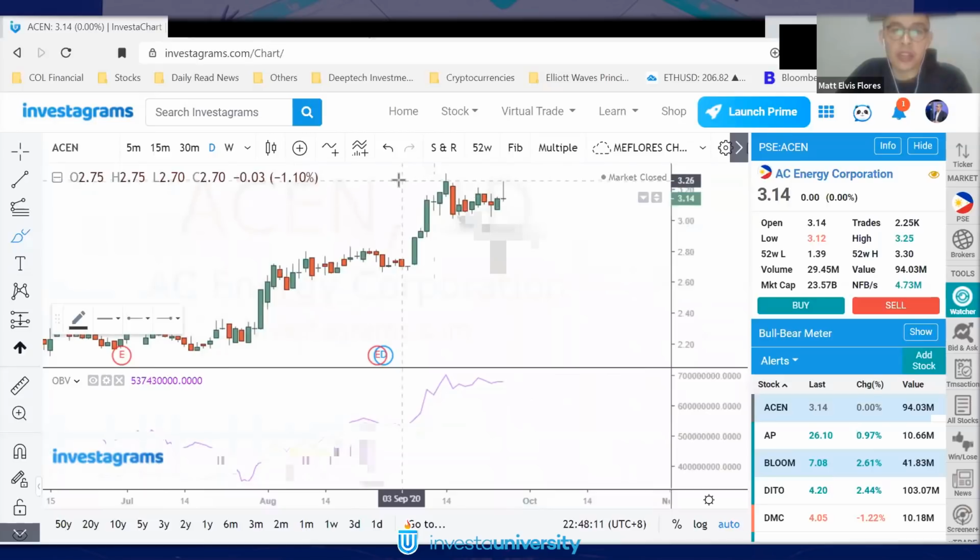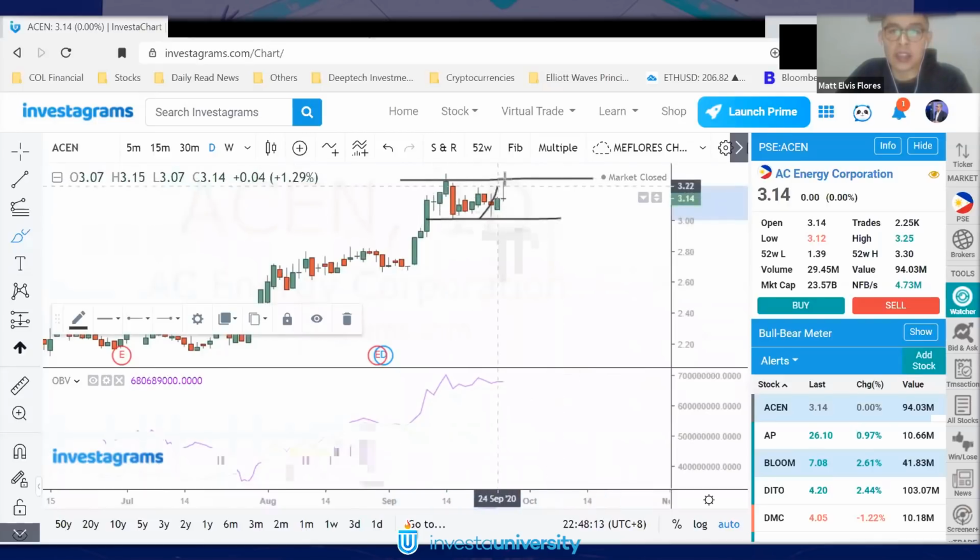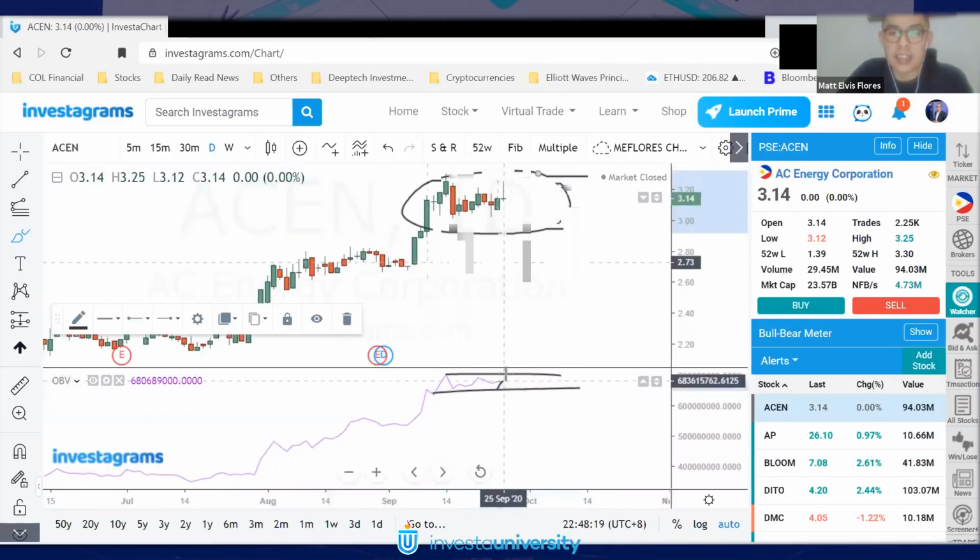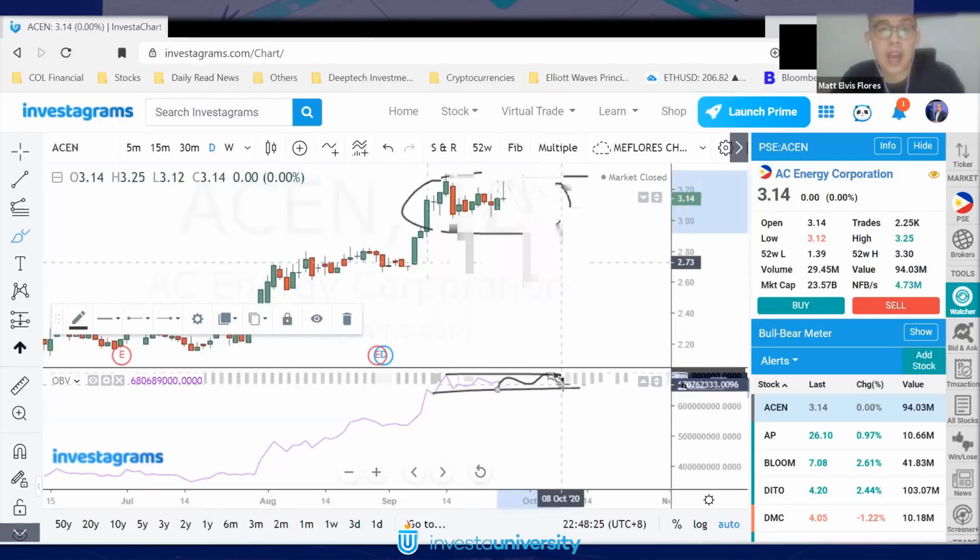If yung presyo mo is nandyan lang sa part na yan, naglalaro dyan sa part na yan, and yung OBV mo is nandyan lang din sa level na yan, your bias mentally, you're prepared na, merong nag-accumulate. Di ba? So, meron nag-accumulate.